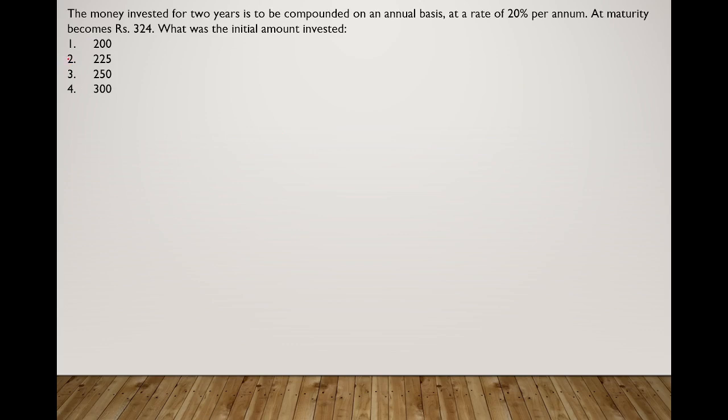So next question. The money invested for 2 years is to be compounded on an annual basis at a rate of 20% per annum. At maturity it becomes Rs 324.